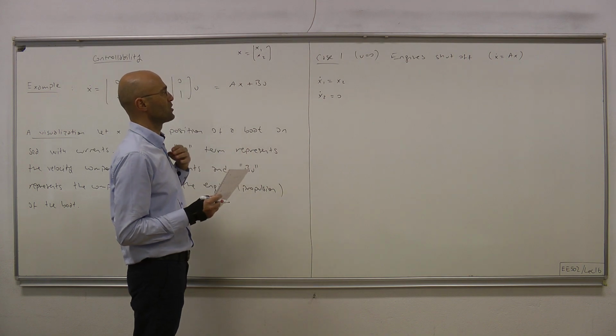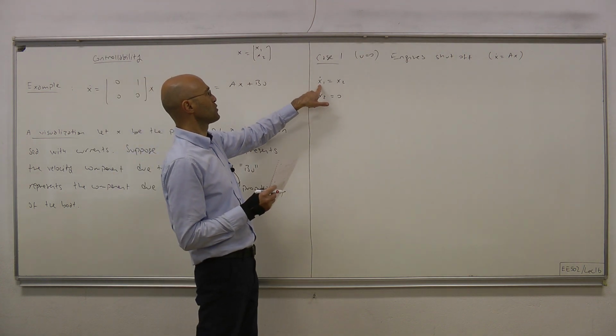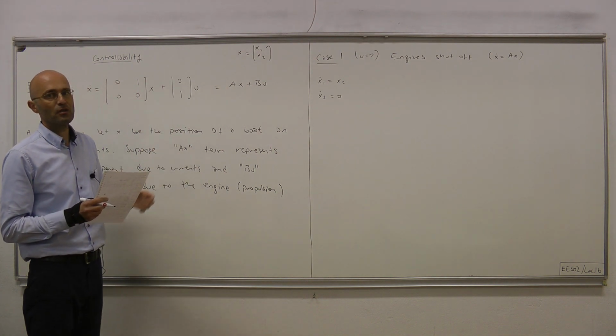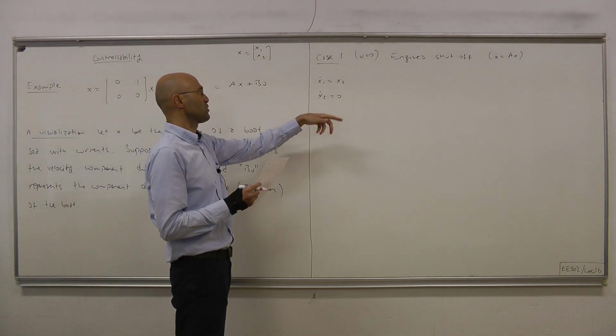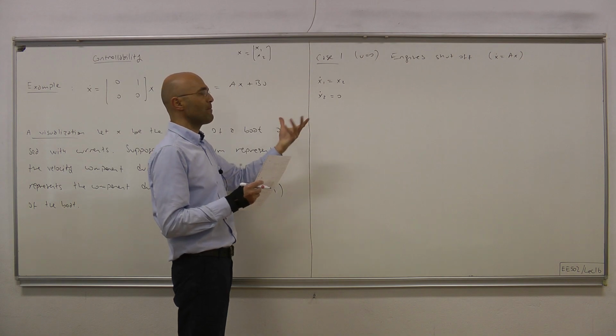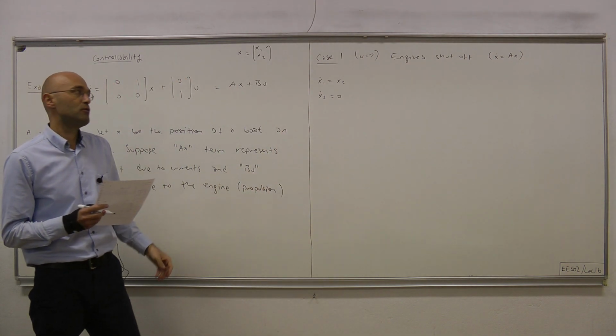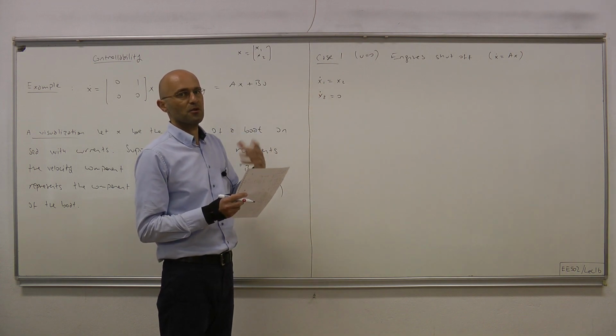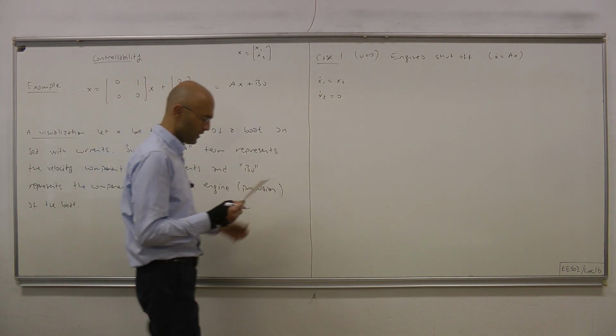It equals its initial value, and the velocity of x1 depends on the initial x2. Since initial x2 is the same as x2 for all future times, x1 dot is constant. So the velocity of x1 is constant.